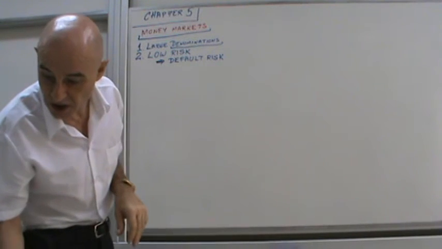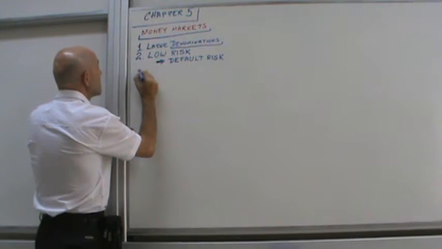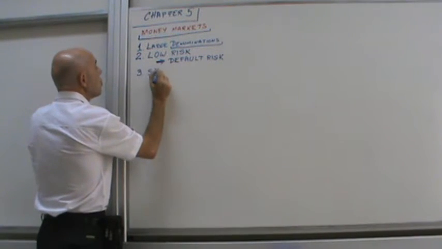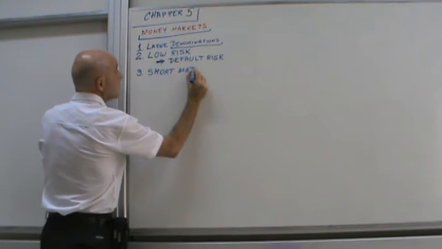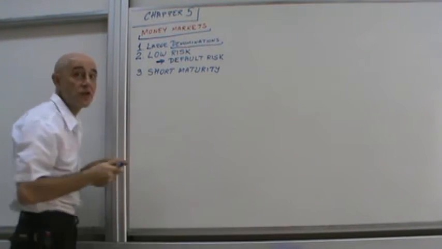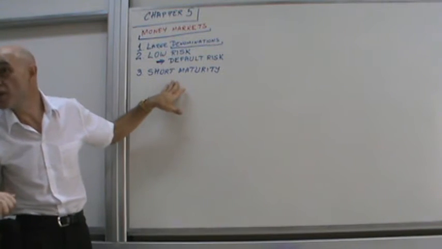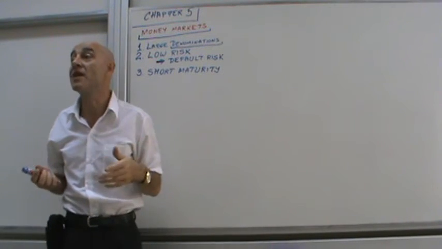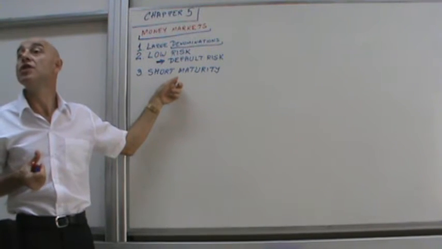And let's see what's the third characteristic. Well, the third characteristic is short maturity. Sometimes 1 week, more commonly 1 month, 3 months, sometimes 6 months.